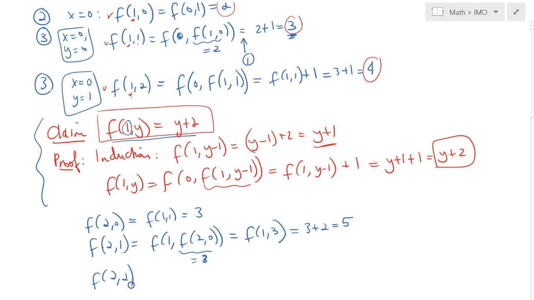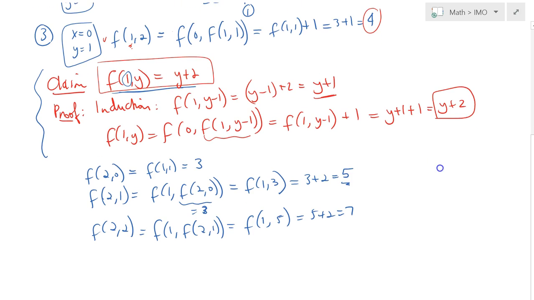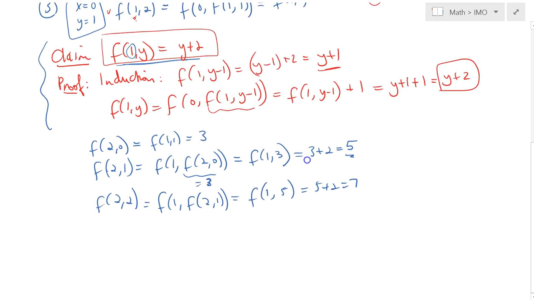Similarly, we can now proceed as f of 1, f of 2, 1, using the third property again. That's simply f of 1, f of 2, 1, which we just got as 5, and recalling our claim earlier, this is just 5 plus 2, which is 7. And so on. So again, we can come up with a claim which we can prove by induction.